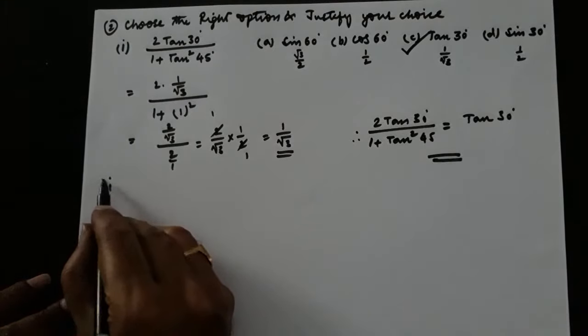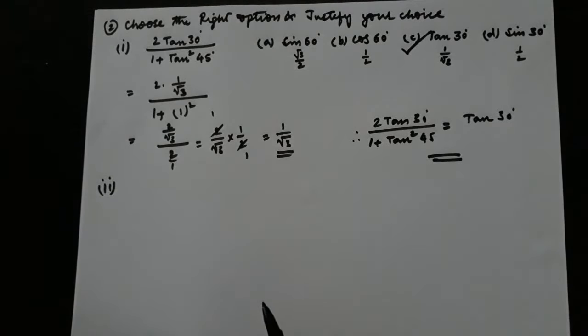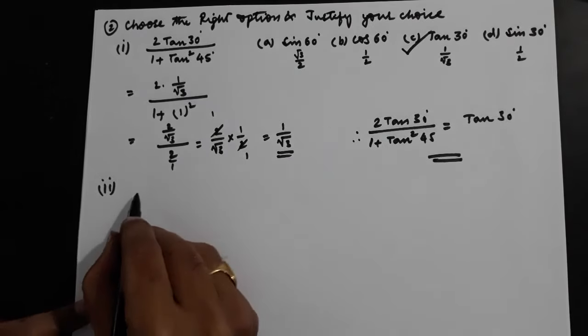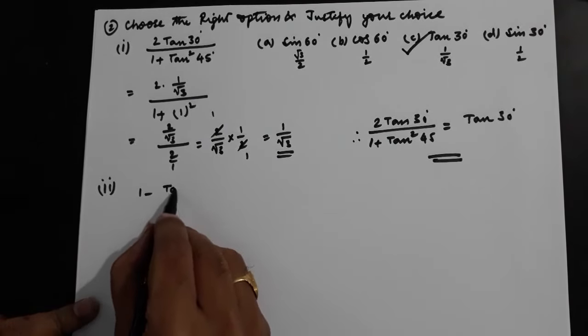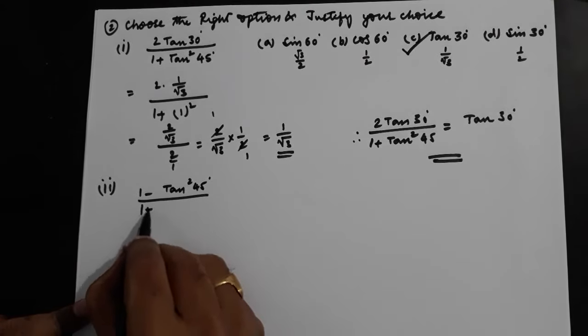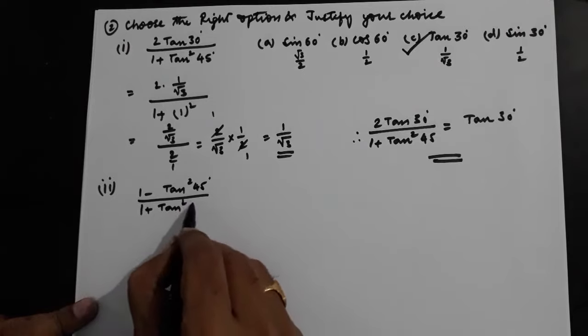So we'll come to the second one. Okay. So we'll do the second one: 1 minus tan square 45 degrees by 1 plus tan square 45 degrees.